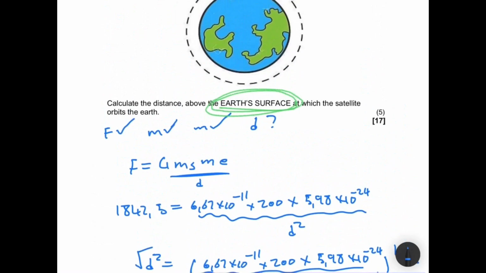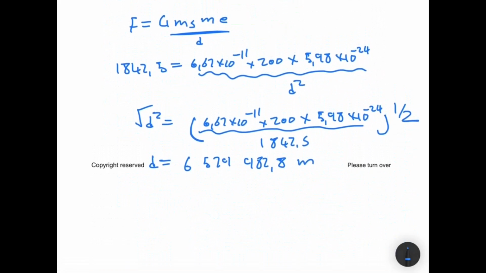This question has 5 marks, right? So if you stop here, you only have 3 marks. The other 2 marks are for you to subtract the Earth's radius from this value that we have. So if we do that, we can now say the distance above will be equal to 6,529,982.8 meters minus the radius of the Earth, right?